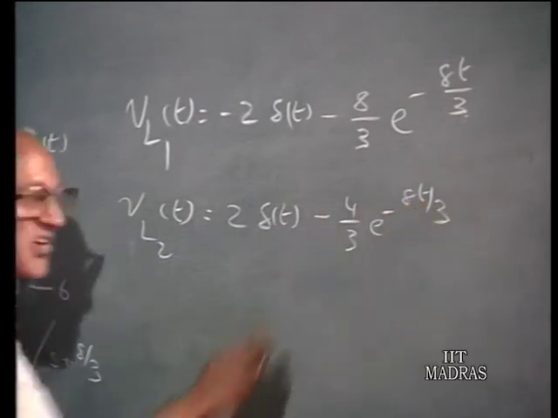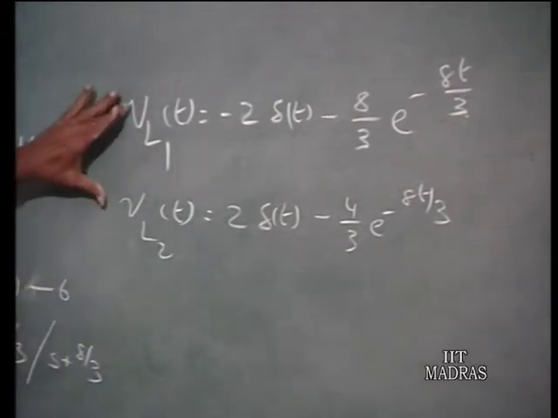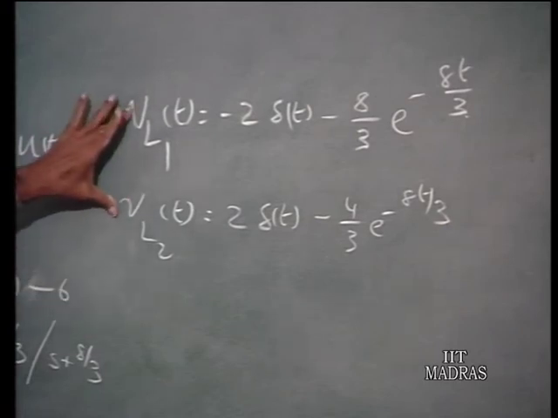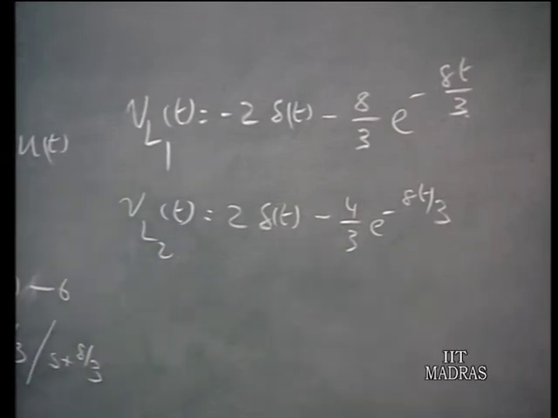Since both the currents have jumped from t equals 0 minus to 0 plus values, no doubt there will be impulse functions, but taking L1 and L2 put together, the impulse functions cancel each other out. That means even though inductors have impulse voltages in them, in the local loop the impulses get cancelled.